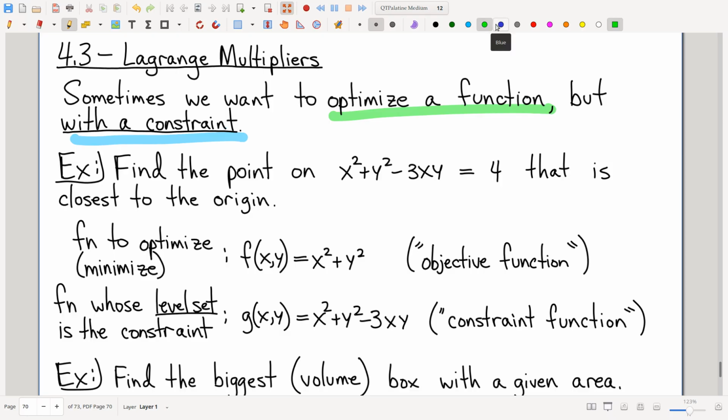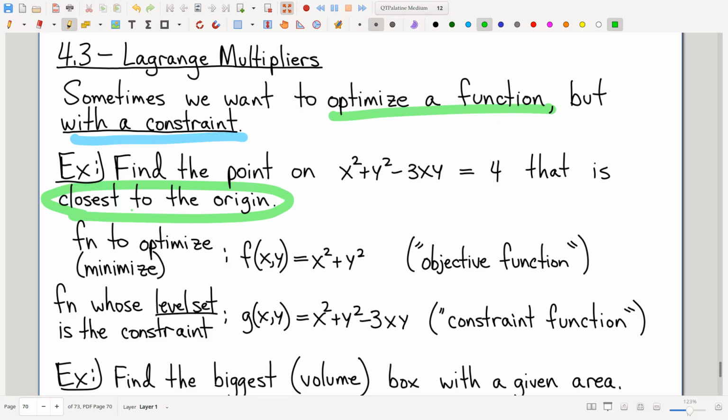Suppose I want to minimize distance to the origin. Closest to the origin means I want to minimize distance to the origin. How do I minimize distance? Well, how about 0? I don't think you can find a distance less than 0. I'm going to propose that 0 is the minimum value of distance. Unacceptable.